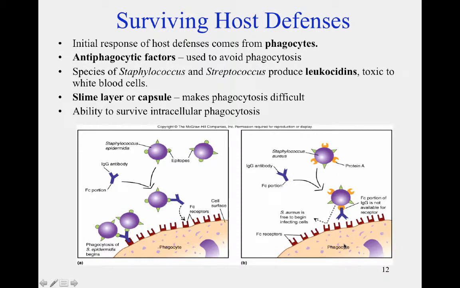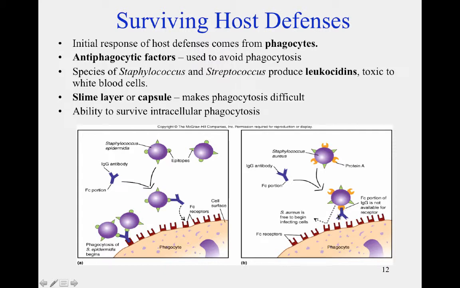So the mechanism by which phagocytosis is elicited is from the interaction between the pathogen and the phagocyte via an antibody bridge. So the immune system will produce an antibody that's going to target and bind to, on one side of the antibody, the pathogen. The other side of the Y-shaped antibody will bind to the phagocyte, and this creates a bridge.